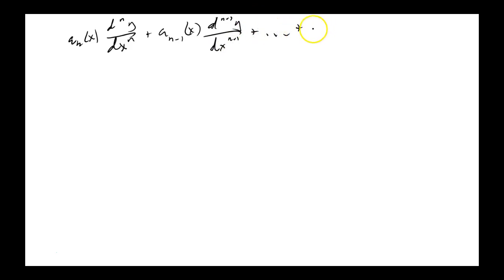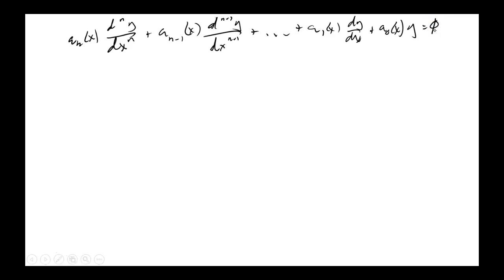Here's what we mean by it. Remember our good old linear nth order differential equation of this form: a sub n of x times the nth derivative of y with respect to x, plus a sub n minus 1 of x times the n minus first derivative of y, plus dot dot dot, plus a sub 1 of x dy dx plus a sub 0 of x y is equal to, in this case, 0.